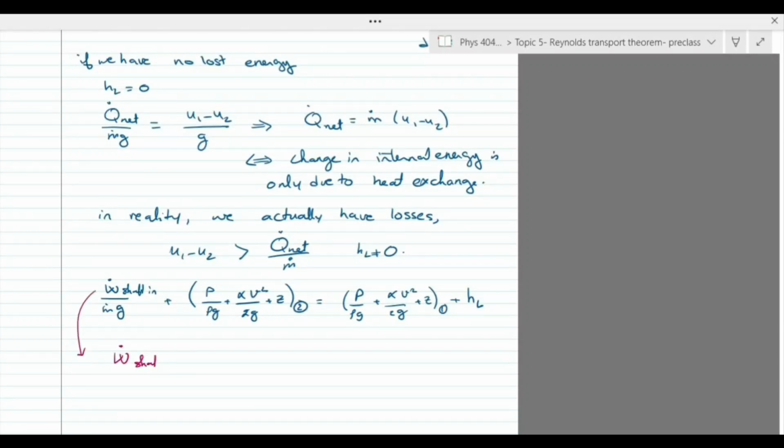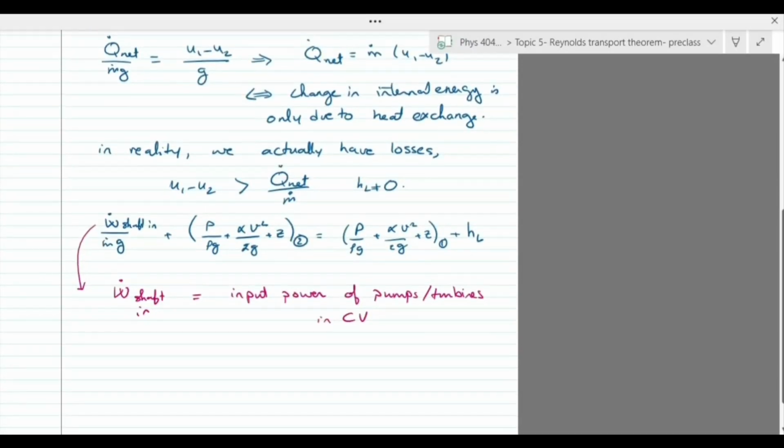W dot shaft in. This is basically equal to the input power of pumps or turbines that I have in my control volume. So basically I can actually write this as the sum of W dot of all pumps minus the sum of W dot of all turbines that I have in the control volume.